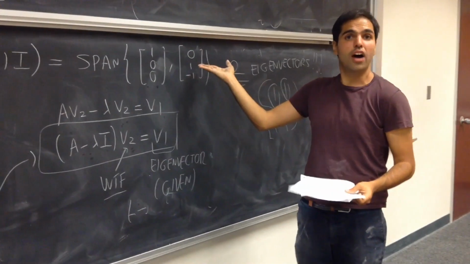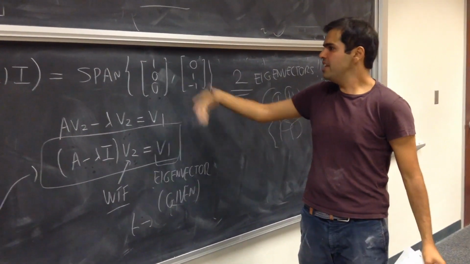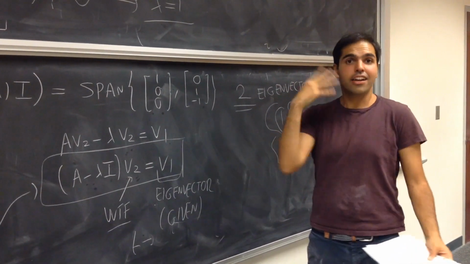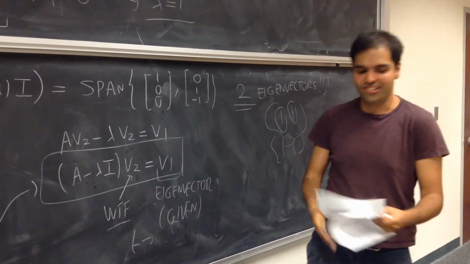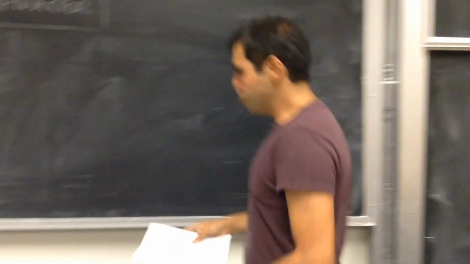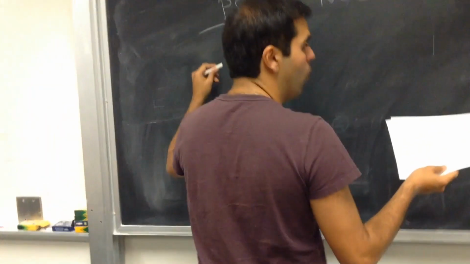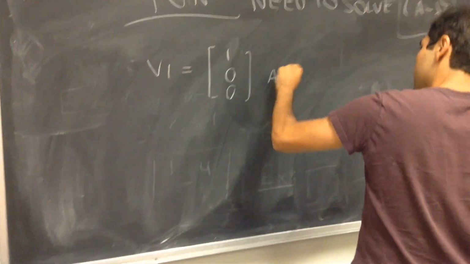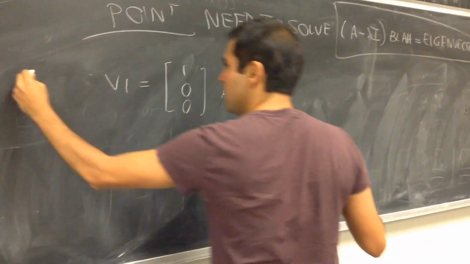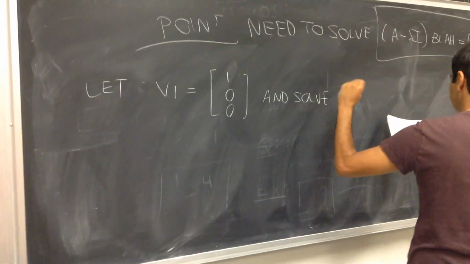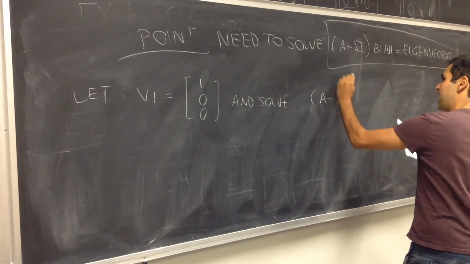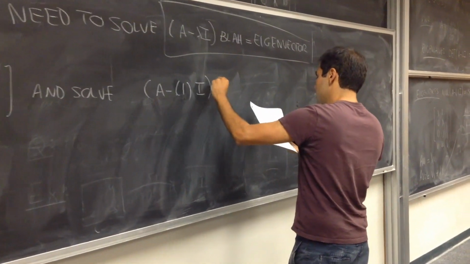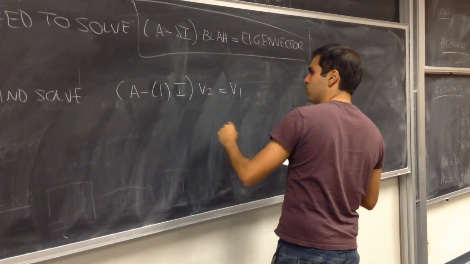Here we really just have two eigenvectors. So basically, let's just start with one, and let's see if we can back solve it. If we can, great, we found another Jordan vector, if you want. So how about, let's start with v1 being 1, 0, 0, and solve A minus the eigenvalue, which is 1, times I, times v2 equals v1.